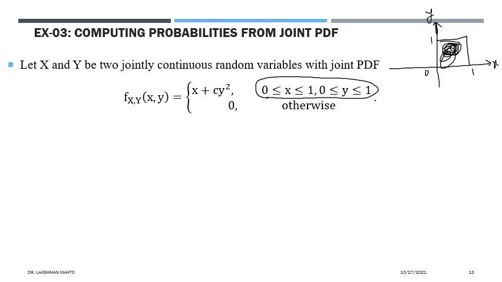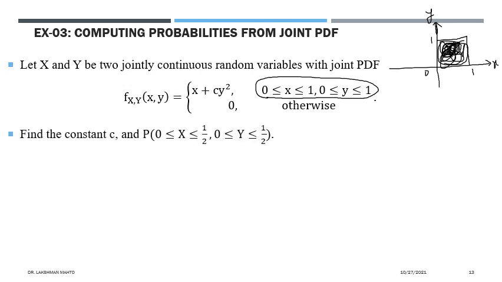The domain of f of xy is the complete plane, but outside this square density is 0. Only non-negative density we observe over this square. So that's where this is meaningful to proceed with. With the help of this density, we have to calculate two things. Here a constant c is coming.